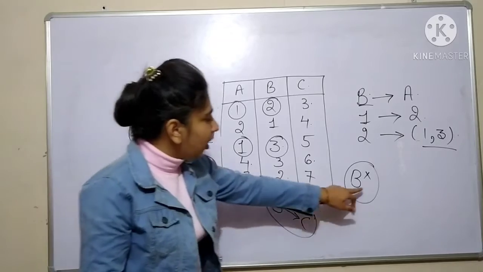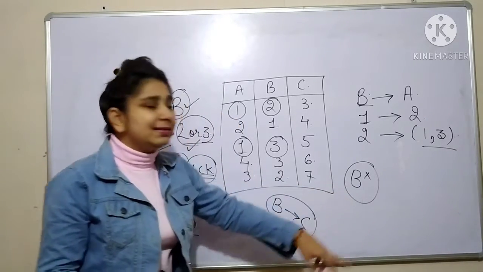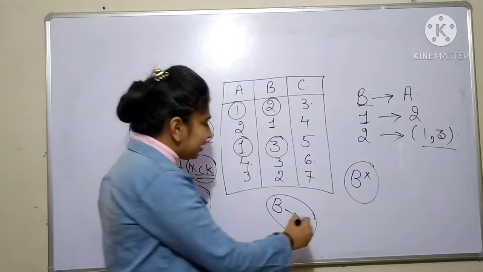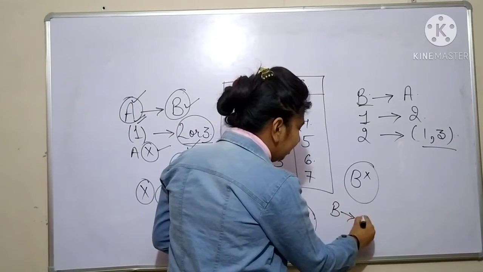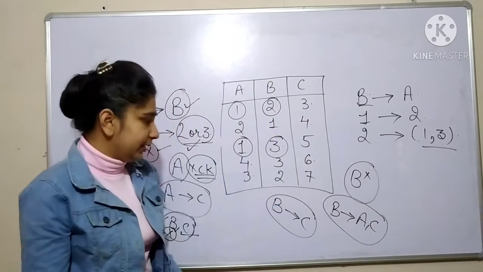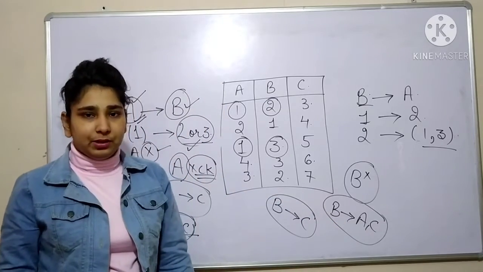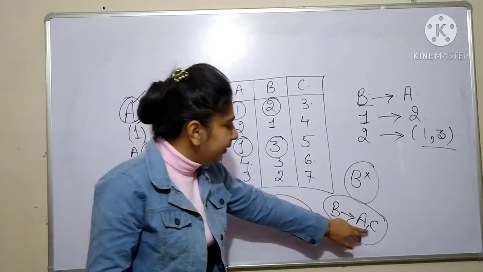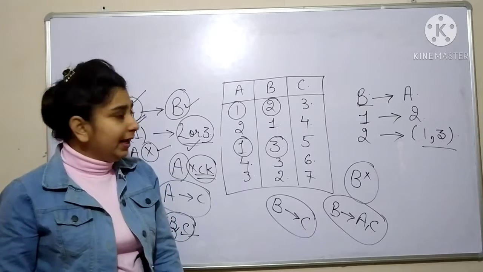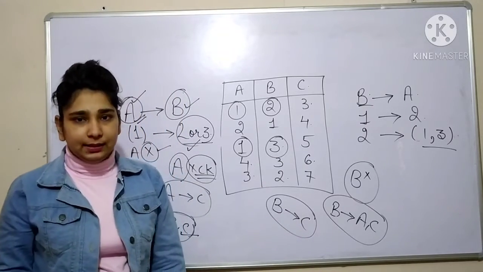If B is a candidate key, B has to determine both attributes A as well as C. B is not even determining A, so we don't need to check from B to C. So B cannot be your candidate key.